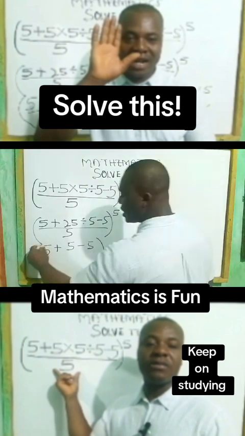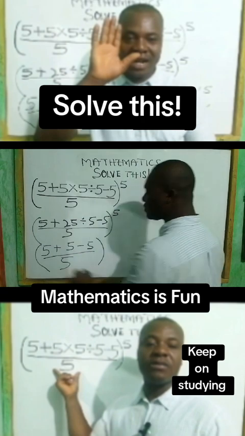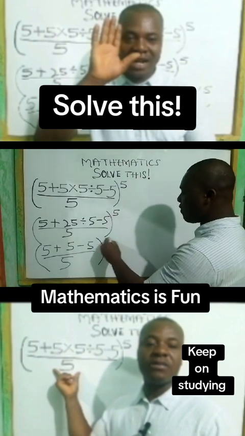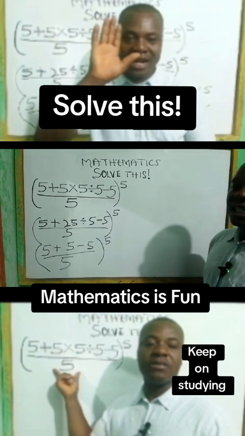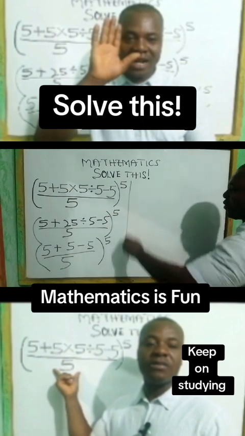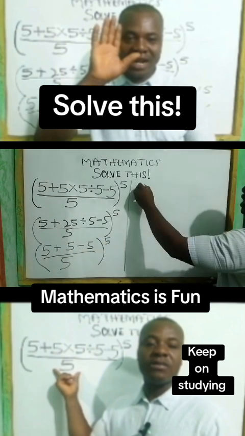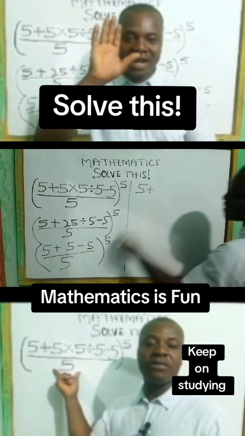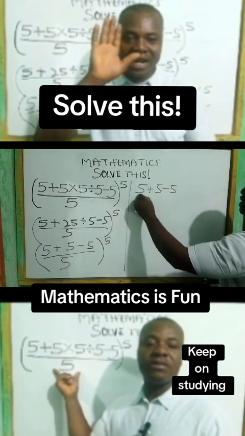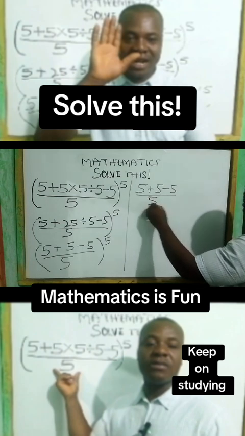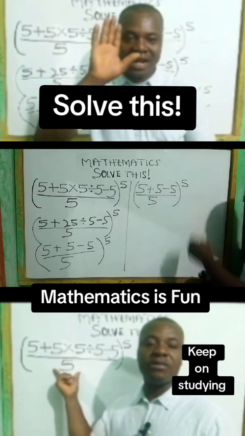Bracket close, bracket open, all divided by 5 raised to the power 5. Now let's rewrite all this here: 5 plus 5 minus 5 divided by 5, bracket close, bracket open, power 5.